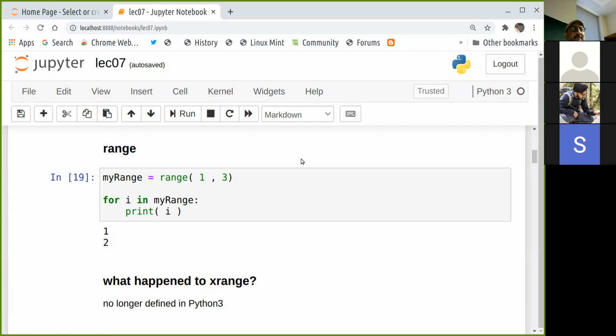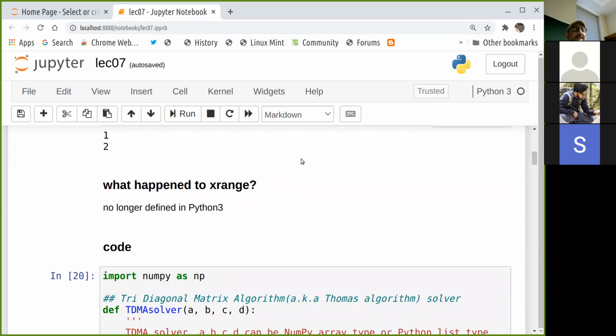If I ask you to print the things in my range, it will give you 1 and 2 and not 3: starting from 1, going to 3, but not including 3. So that can be useful for loops, for example. There used to be something called xrange, if you're used to Python 2. That's no longer defined in Python 3.